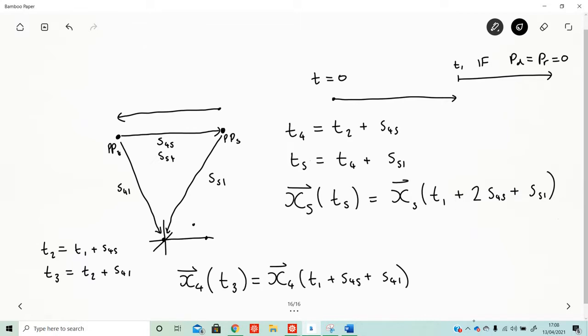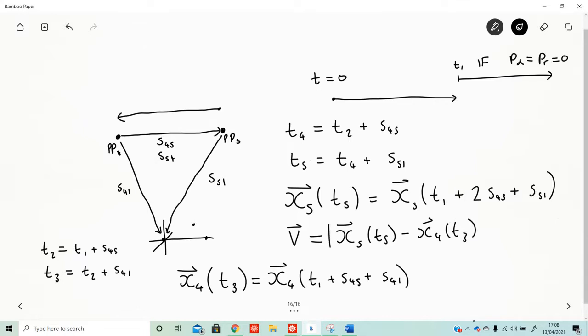Okay, so now we've got these two times, right? We've got these two positions in space and time. And so then we've got the distance that is travelled, and then we've also got the time difference, right? So we can work out a velocity, or an effective velocity, of this wave particle, or this information propagating through here, as being x5 t5 minus x4 t3, right?